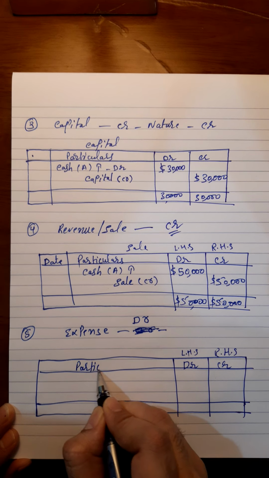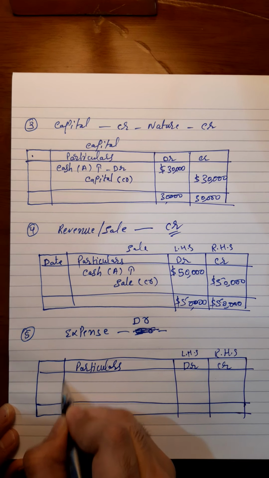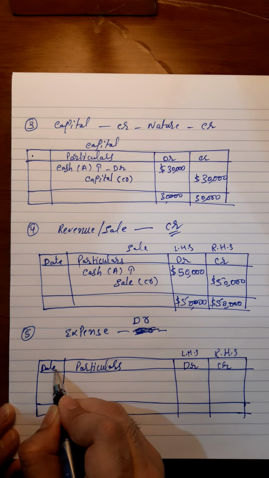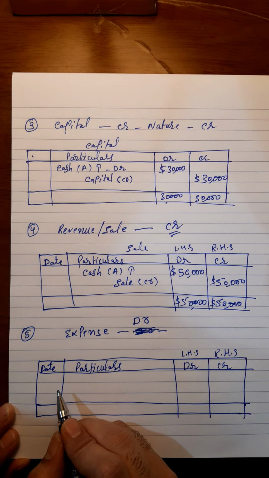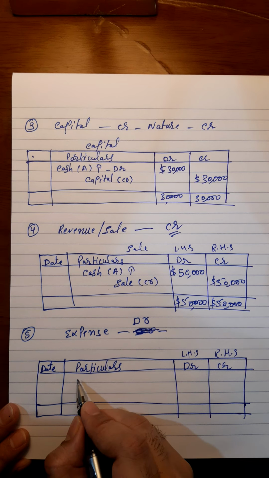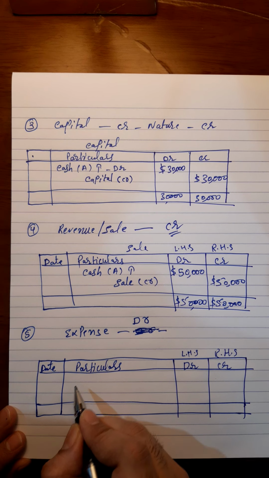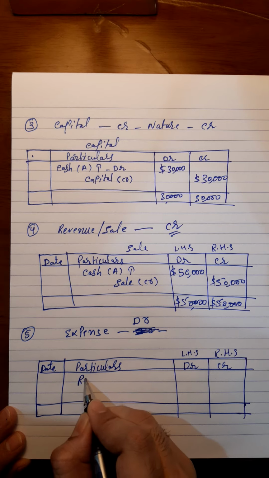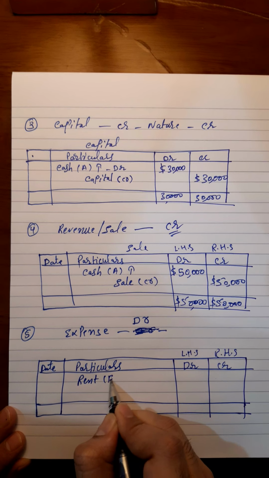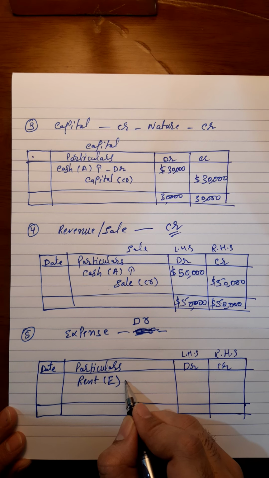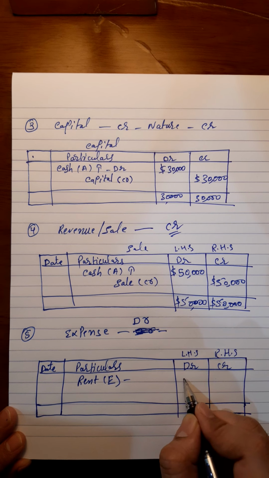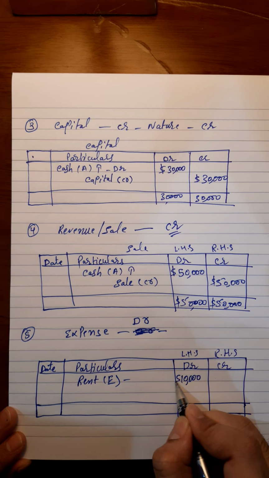Particulars, date. For example, rent is our expense. I told you rent expense is debit nature, so rent will be debit $10,000.